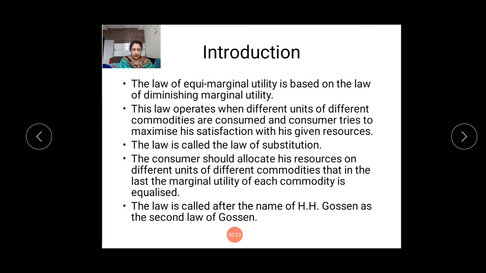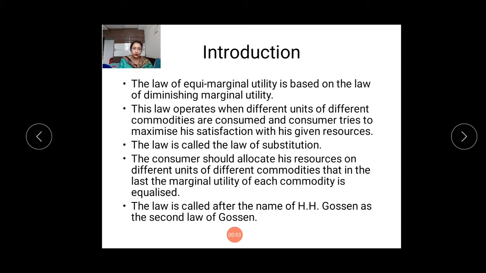It operates when different units of different commodities are consumed and the consumer tries to maximize his satisfaction with his given resources. In the last few classes we studied consumer equilibrium in the case of a single commodity. This particular law applies to a case where different units of different commodities are consumed with given resources.